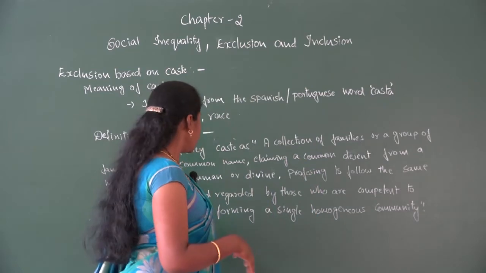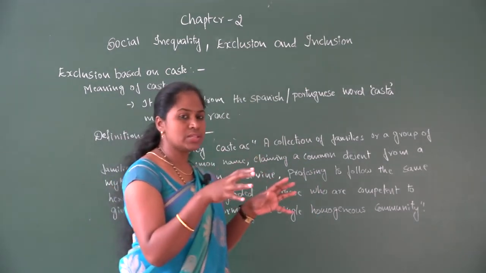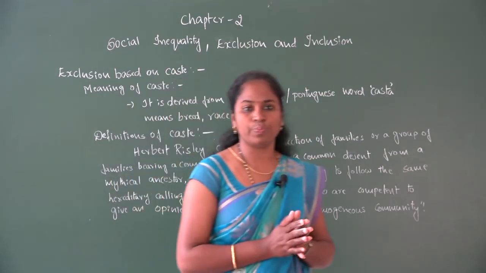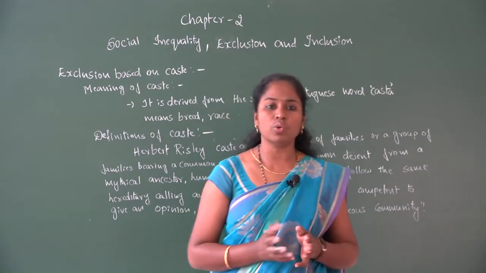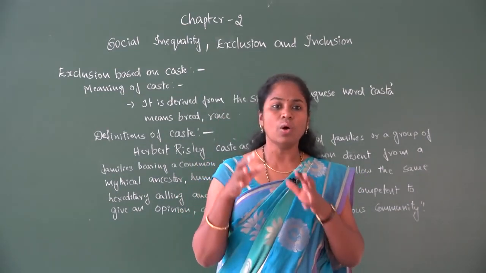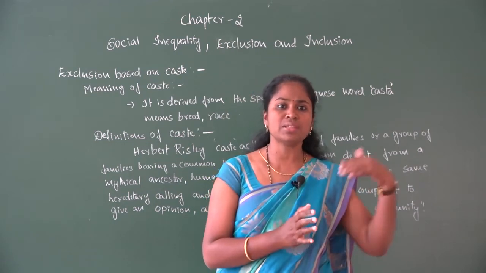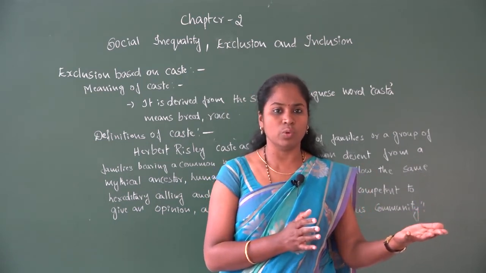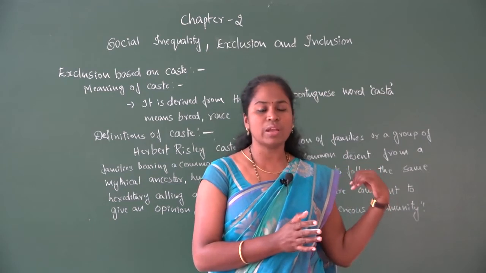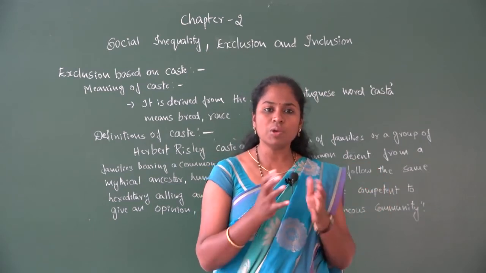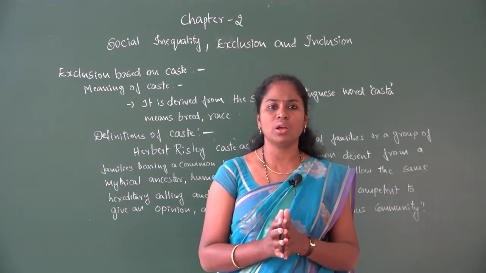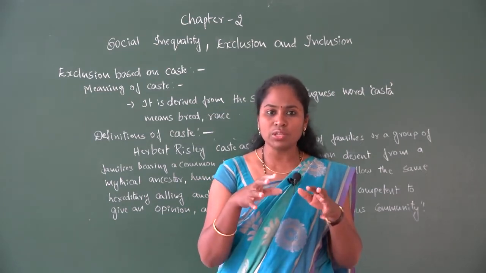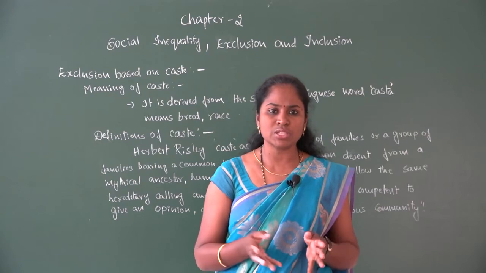So all these things show that it is a homogeneous group. Homogeneous means similarities in the group; heterogeneous means the differences in the group. Caste is a homogeneous group: when we take one particular caste, they follow the same type of rituals, and the beliefs are the same.